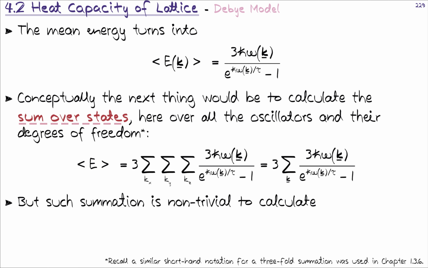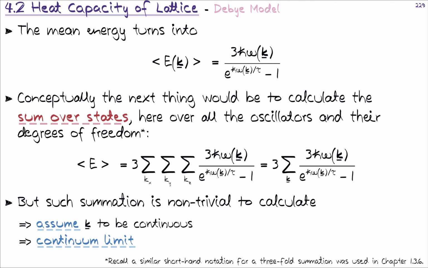We assume that k, although in principle a discretized variable, is actually a continuous variable. This allows us to treat the math in a continuum limit, and then this summation can be turned into an integration over the variables. This really helps, because then we can actually integrate this integrand here and proceed.